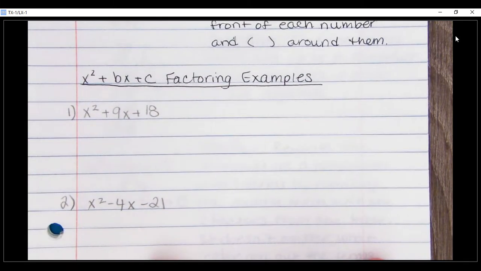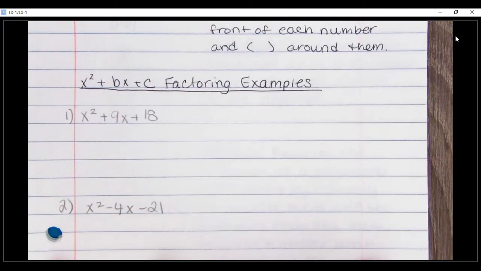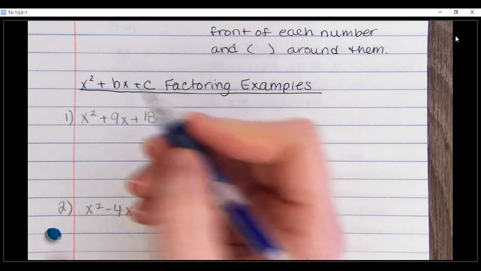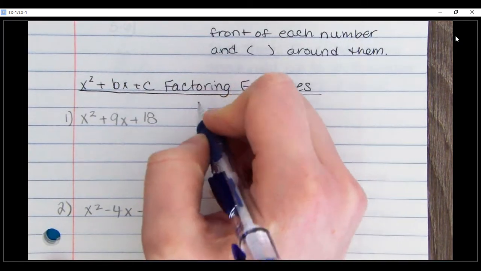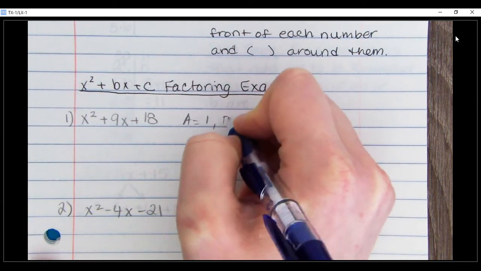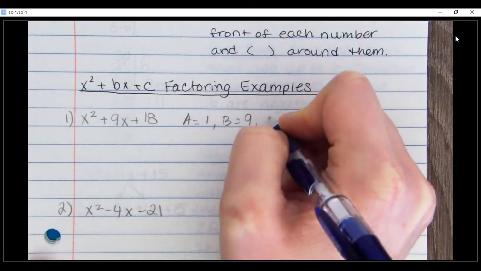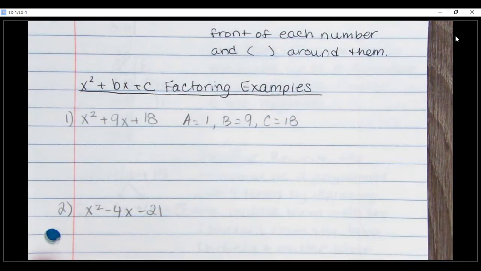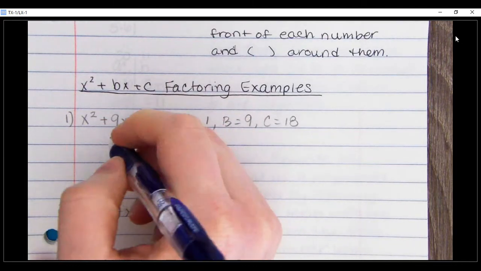So we have x squared plus 9x plus 18. So I'm going to do my first step, which is label my numbers. So I know a is equal to 1, b is equal to 9, and c is equal to 18. Perfect. Now I'm going to create my chart.